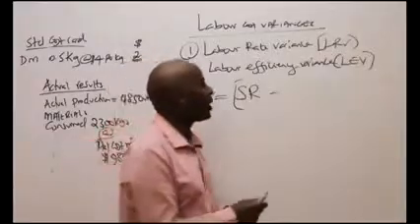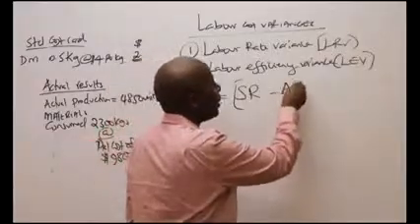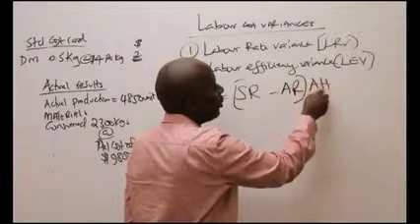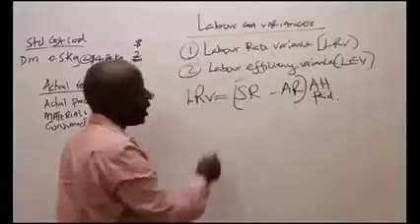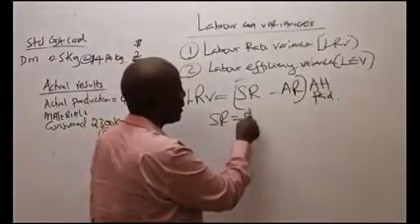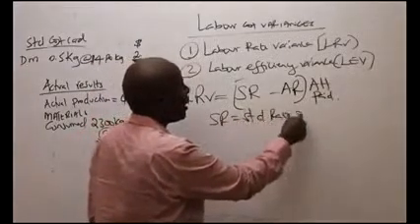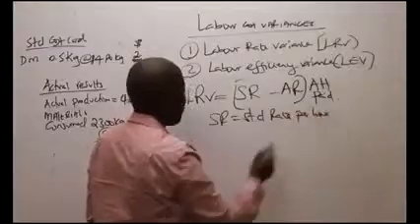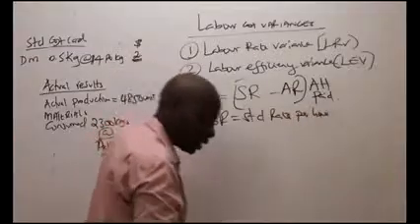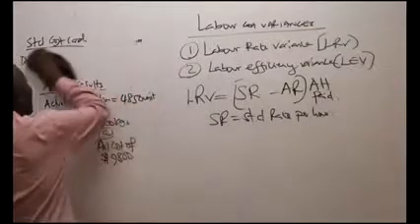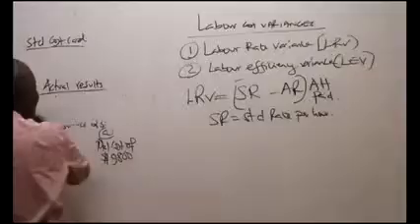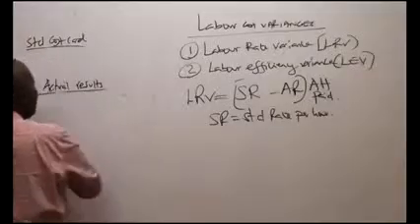So we have the standard rate minus the actual rate, and then outside here, we have the actual hours that were paid. SR is the standard rate per hour. So I'm now working with labor.